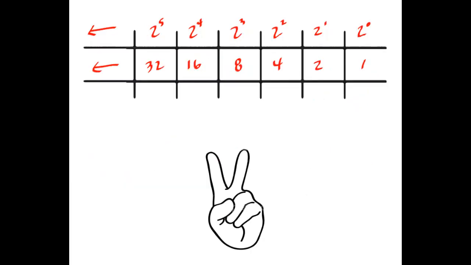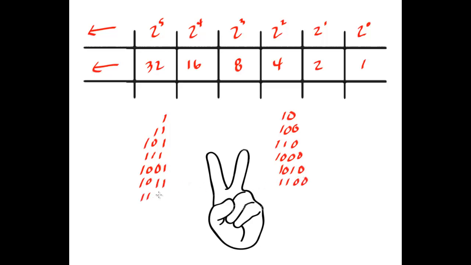Okay, let's count to 19 smiley faces in binary. Remember, the only digits we can work with are 1 and 0. So 1, 10, 11, 100, 101, 110, 111, and on from there.